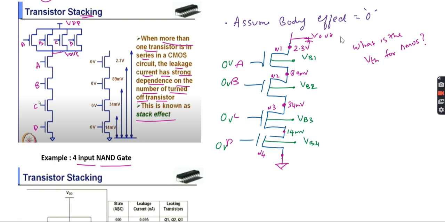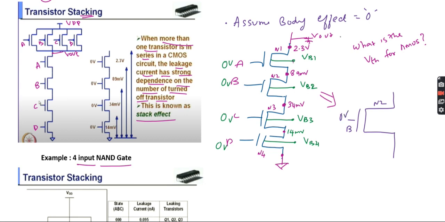Why? Because of the bias VB. Here, because this is not connected, your VB1 is not connected. Let me zoom in and draw only that transistor in a bigger way. This is your N2 transistor, that is the B input.